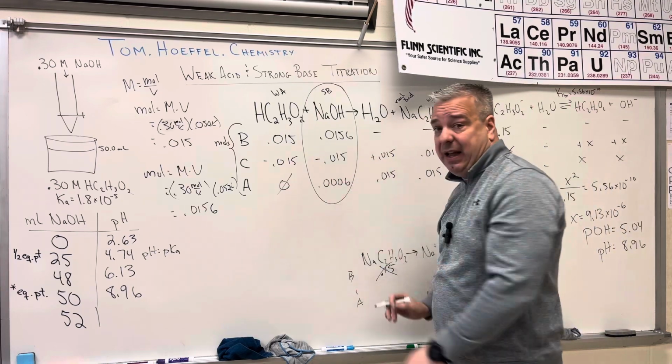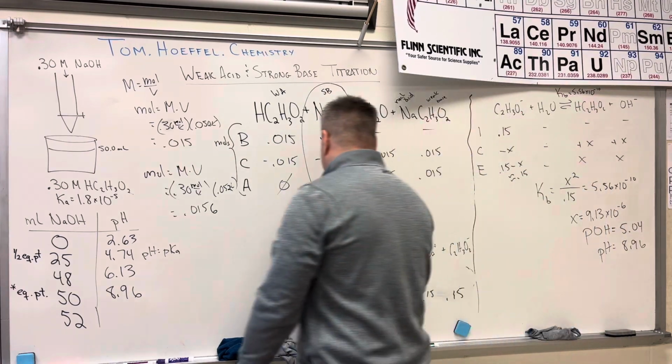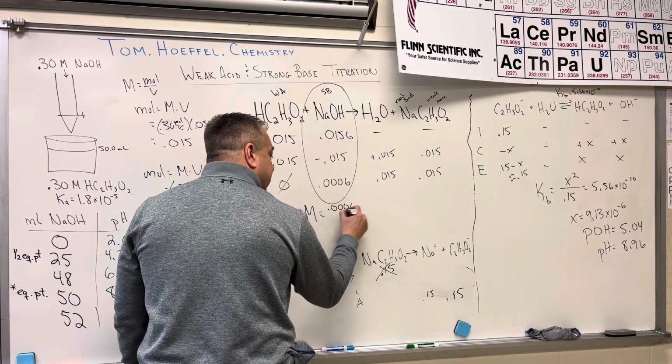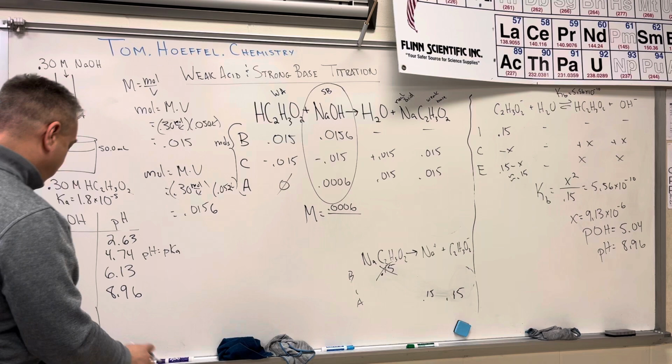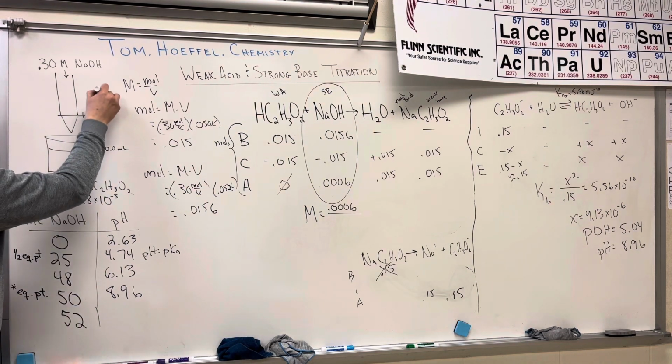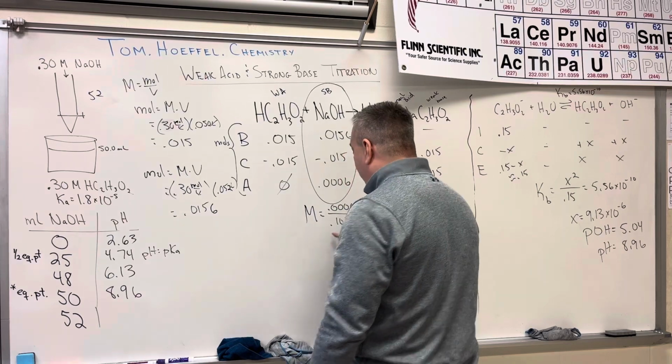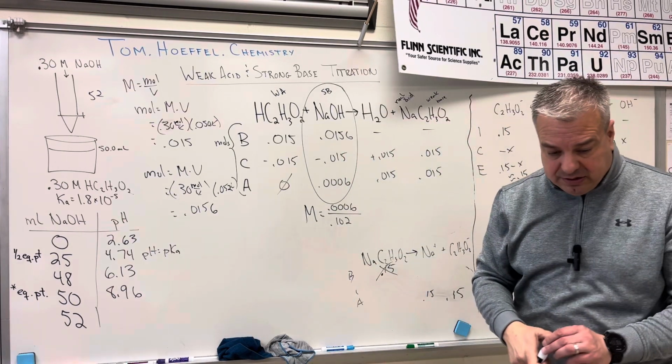Now, we still have to calculate its molarity, so let's go ahead and calculate the molarity. The moles is 0.0006, and it's all going to be over 52 milliliters plus 50, which is 102 milliliters, or 0.102 liters.